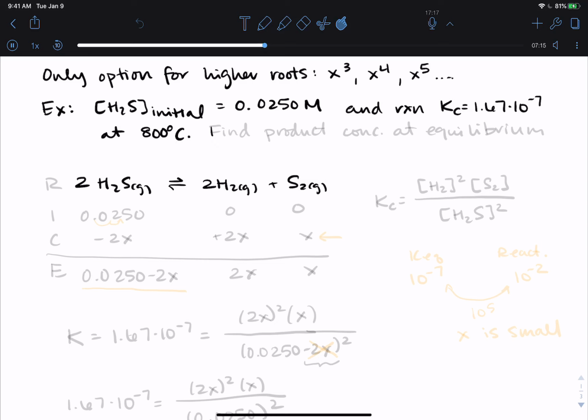And we need to find the product concentrations at equilibrium.